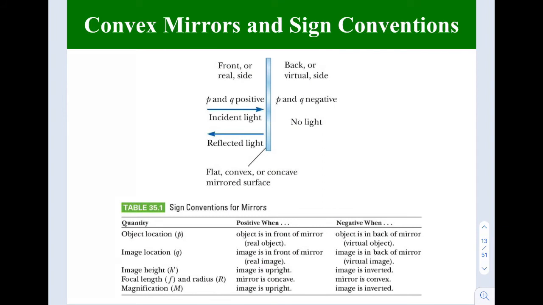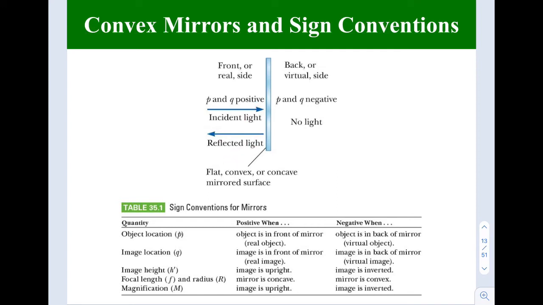If we're talking about mirrors, the law involved is actually reflection. So we consider this side as the front or real side, and this side as the back or virtual side. The position of the object, p, and q will be positive if within this side, the front.